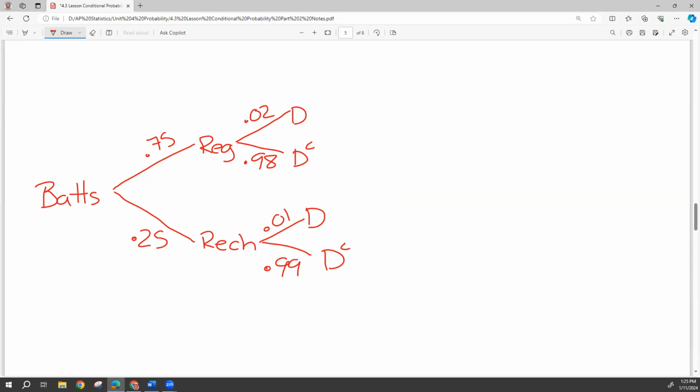And so we can calculate all of the and probabilities: regular and defective, regular and working, rechargeable and defective, rechargeable and working, by multiplying, which is what we did throughout this lesson to get these answers. And this, of course, is the only one I didn't do beforehand.